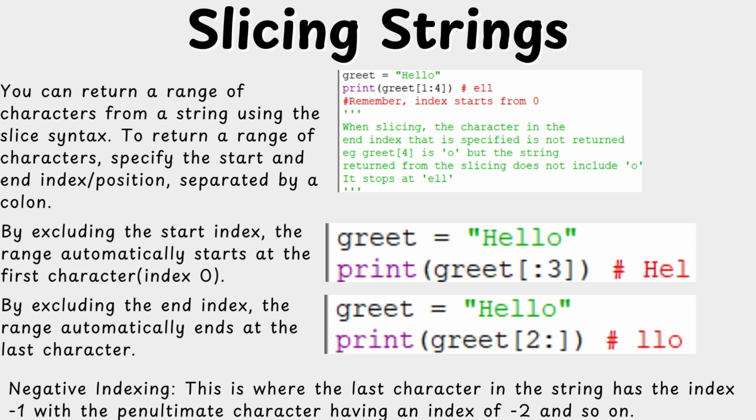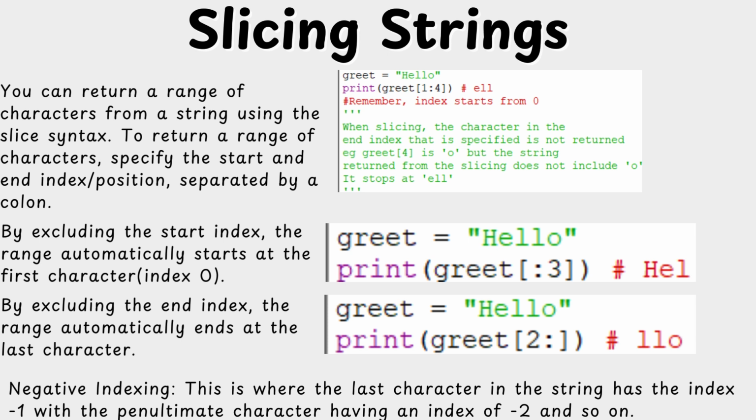Then that gives me "ell". One thing to remember is that index starts from 0, so H in this place is 0. When slicing, the character in the end index that is specified, in this case 4, is not returned. That means that greet[4] is O, but the string returned from the slicing does not include O, so it stops at "ell". So it goes from the start to the number before the end index.